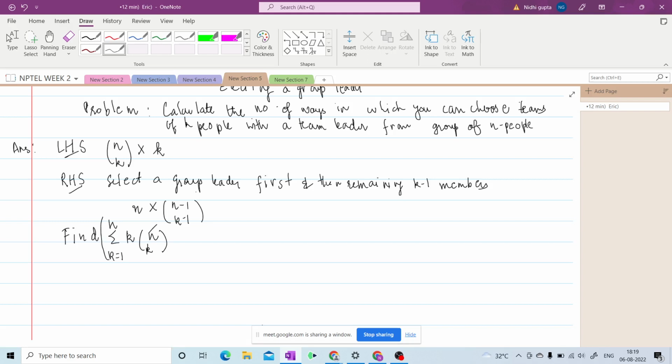Using the previous identity, can we convert this term into a combinatorial problem? So we are doing n choose k and multiplying it by k, and k is varying from 1 to n. Can we find a combinatorial problem for this expression using the first identity that we just did?